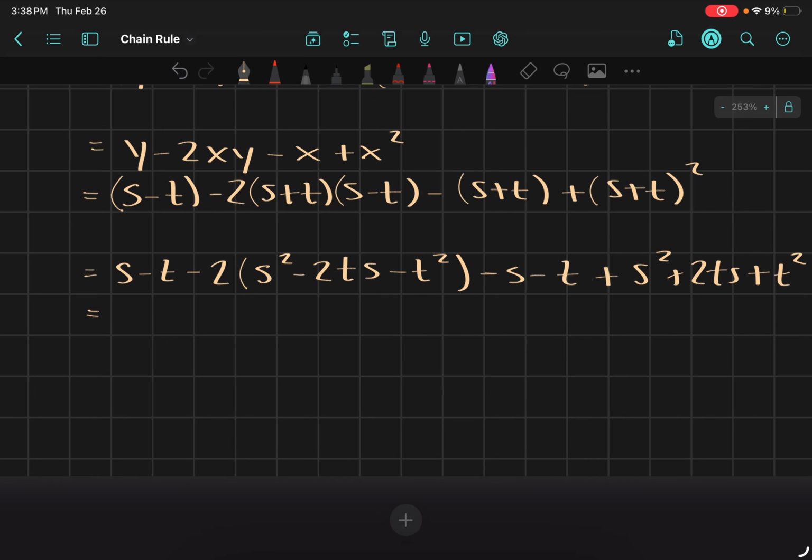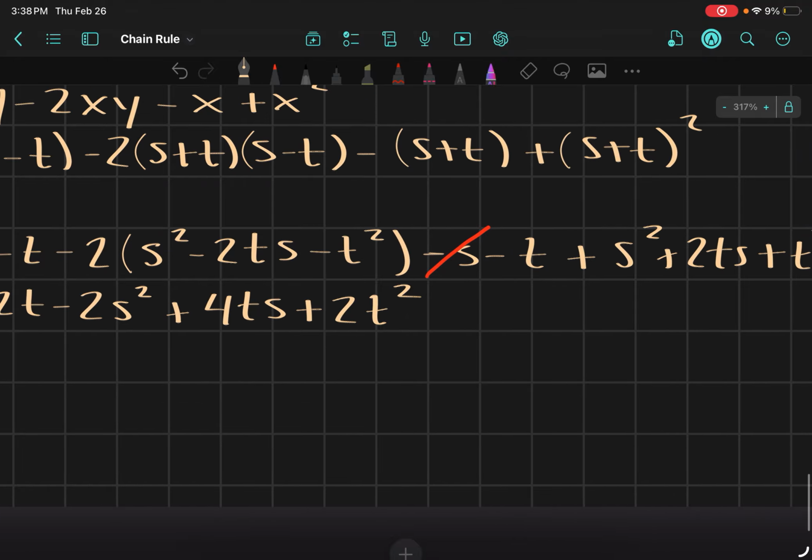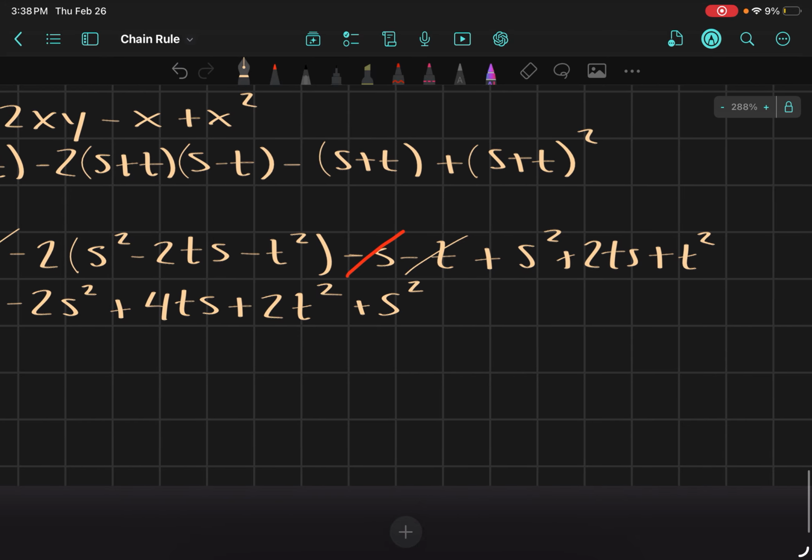These s's cancel out. Looks like that negative t minus t turns into negative 2t. We'll have negative 2t minus, we'll distribute that, 2s squared plus 4ts plus 2t squared. I'm sorry if I lost you on this. Minus, we added those up already, plus s squared plus 2ts plus t squared.